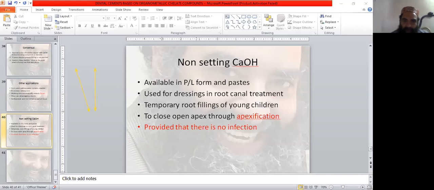And if we compare this root apex to that of an older person, it should be like this. The end of the root apex is much narrower, like this one.